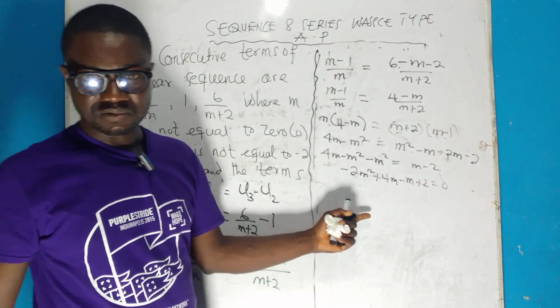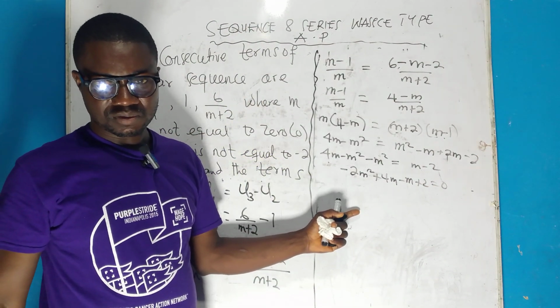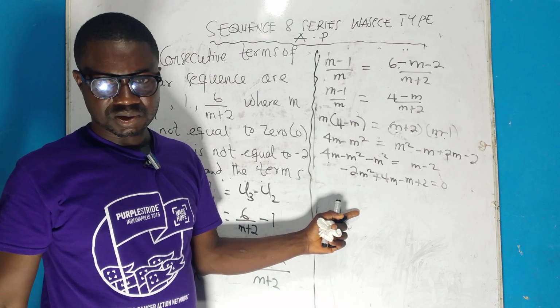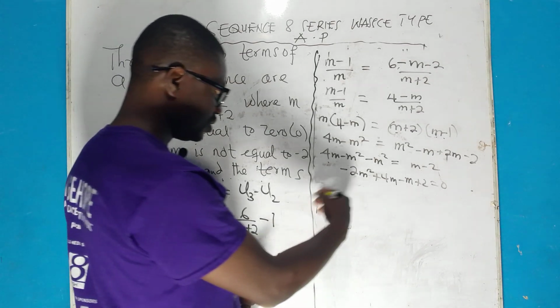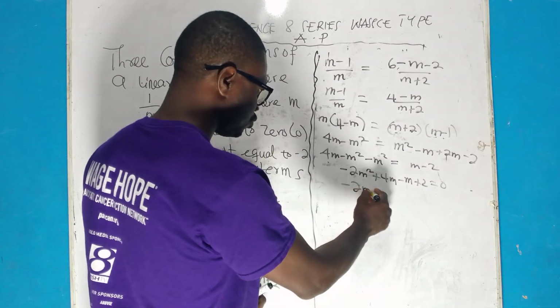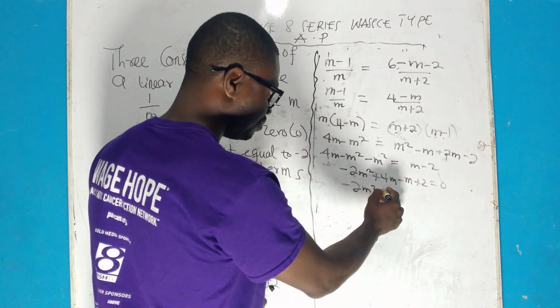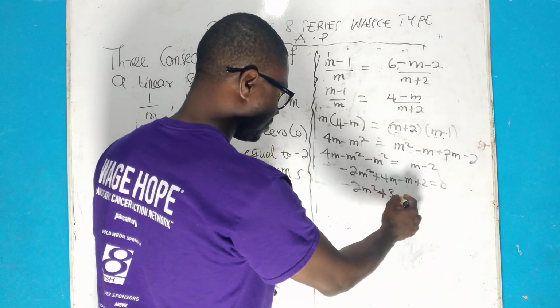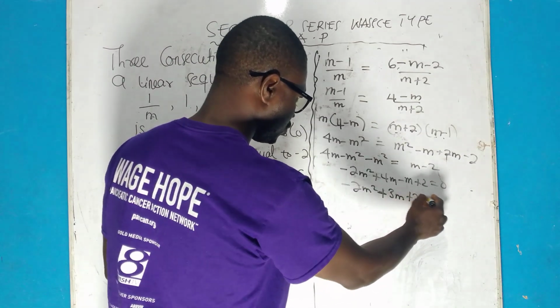So with this, we have this expression and you can now simplify. Multiply through, you have minus 2m squared plus 3m plus 2 is equal to 0.